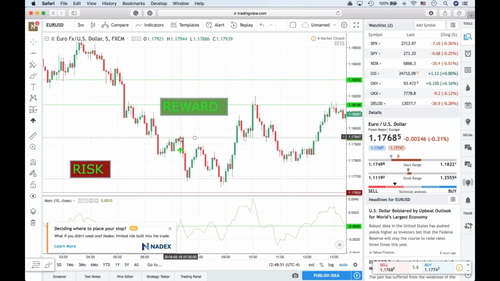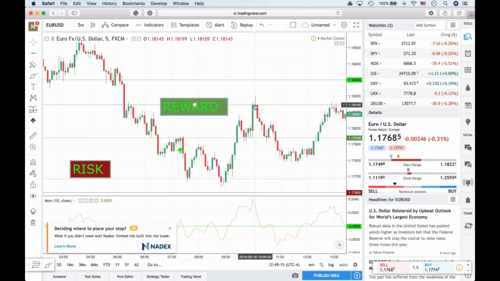So let's see what happened here. The market started to go down and then reversed, went up, hit our first take profit. We are getting out with half of the position. Let's say you open 100,000 lots. So you take 50,000 out and you have 50,000 left, okay?